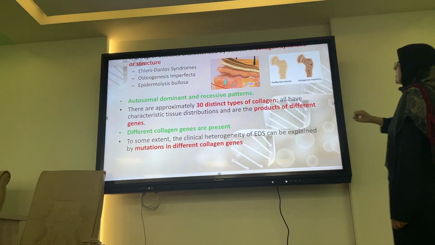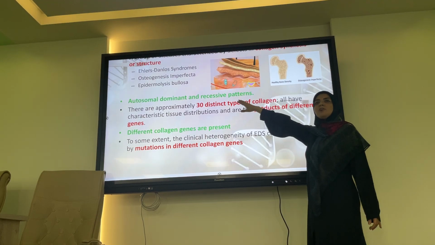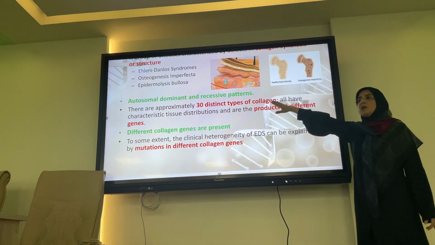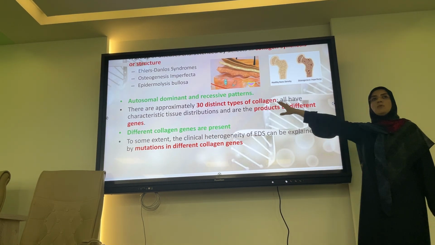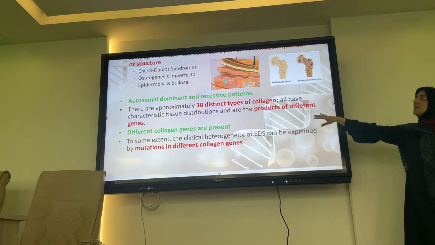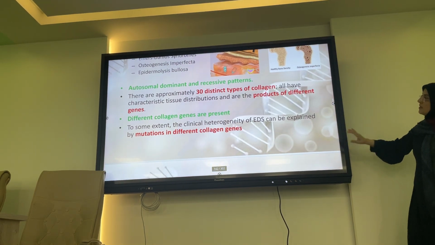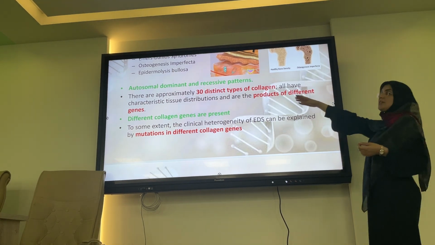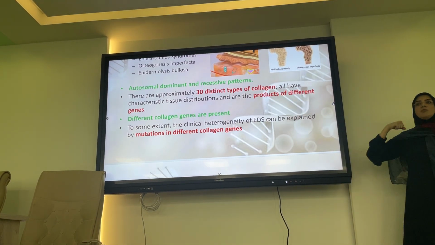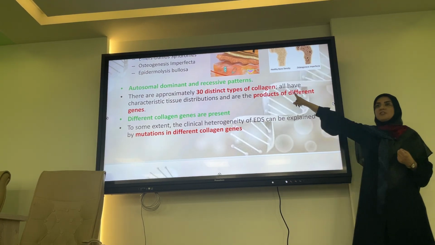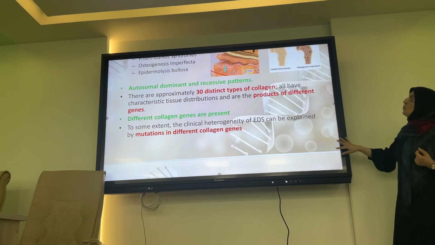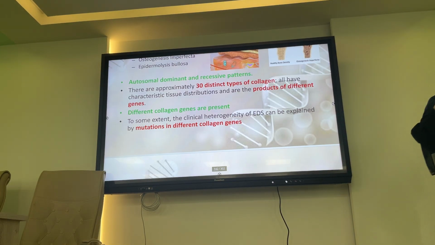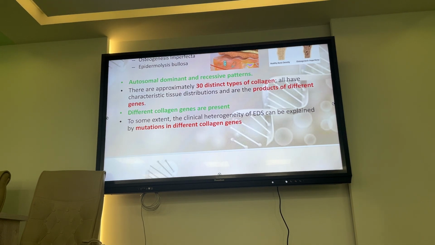Ehlers-Danlos can be autosomal dominant or autosomal recessive when the enzyme is affected. Because we have so many different collagens in our body, more than 30 types, according to the type of collagen affected we have a different phenotype, different types of Ehlers-Danlos syndrome.